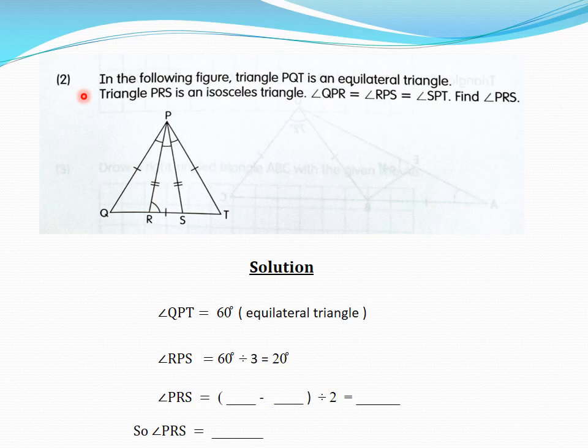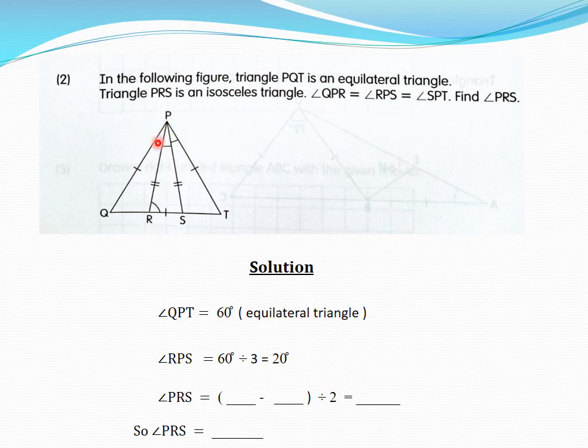Exercise number 2. In the following figure, triangle PQT is an equilateral triangle. Triangle PRS is an isosceles triangle. Angle QPR equals angle RPS equals angle SPT, but we need to find the angle P or S. We look in our picture together.